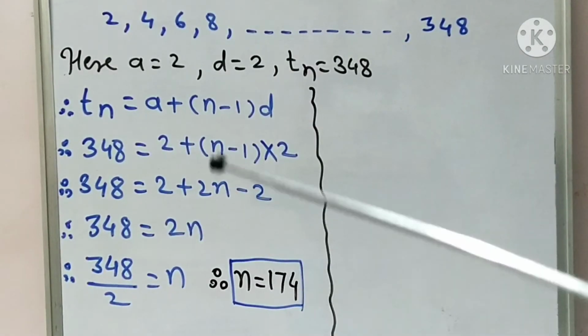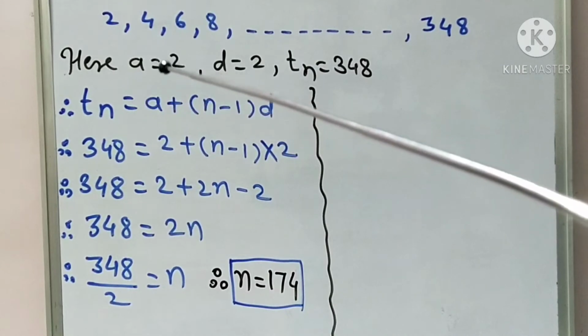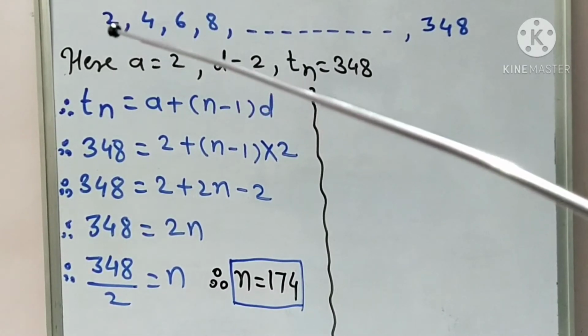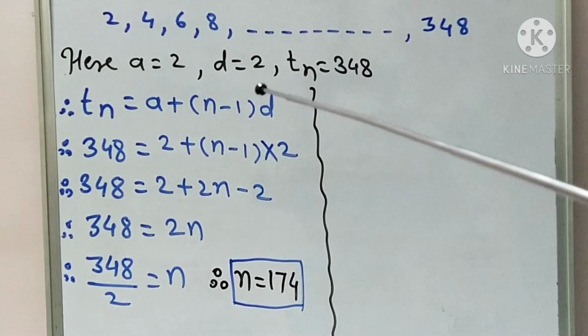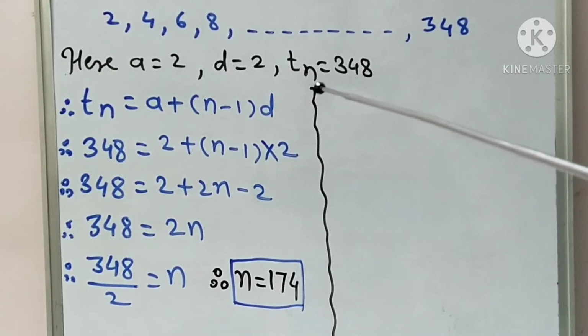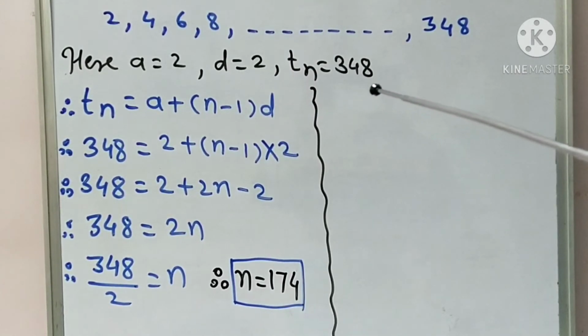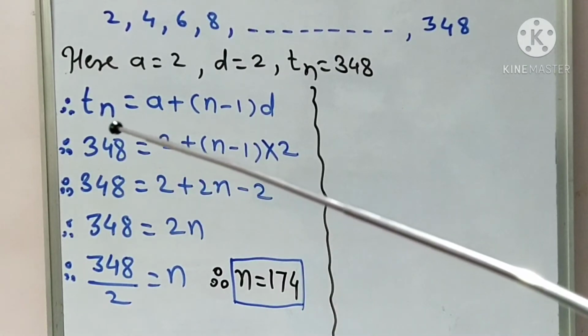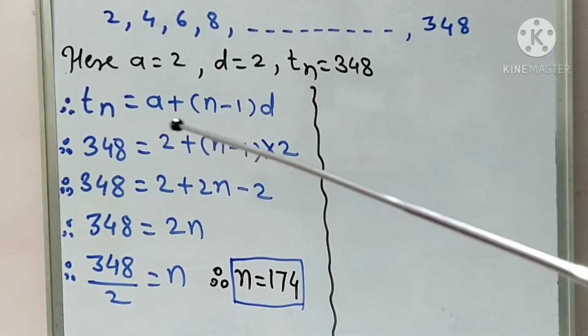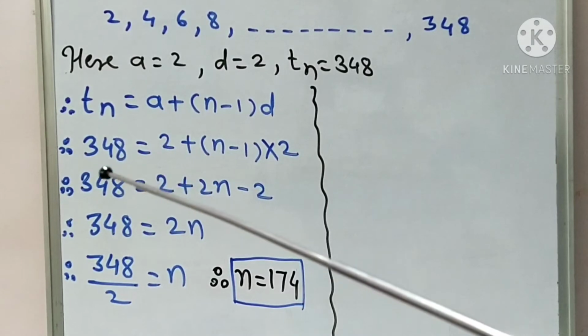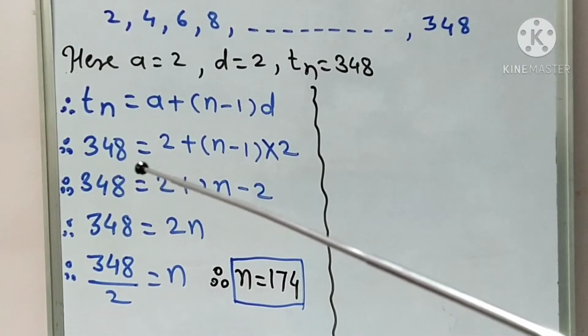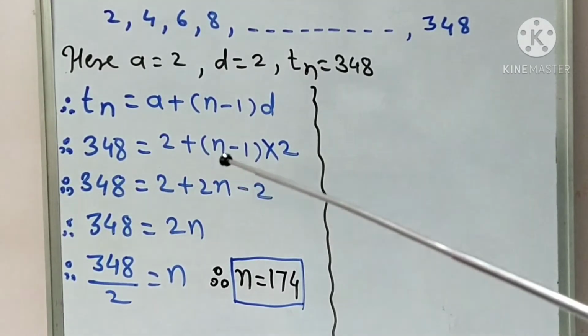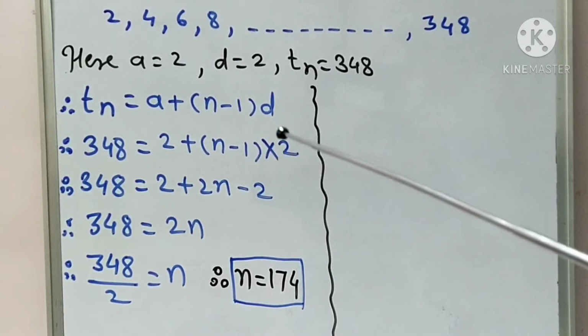So here we simplify it: the value of a is 2, the first term, the common difference d is also 2, and Tn is 348. First we have to find the value of n here, and we get it as 174. How are we getting it? We first use the formula of Tn and substitute those values over here. Tn as 348 equals a, which is 2, plus n minus 1 as it is, into d, which is 2.